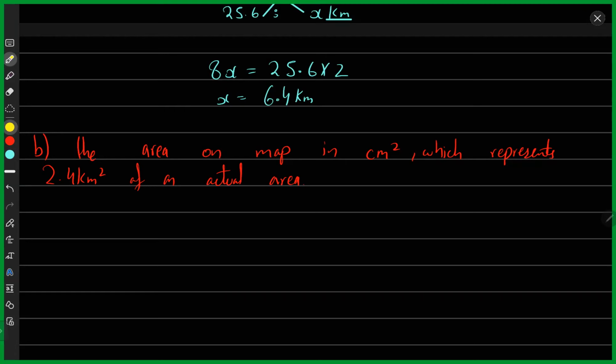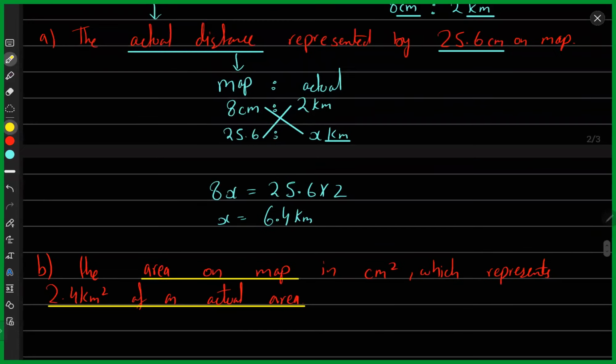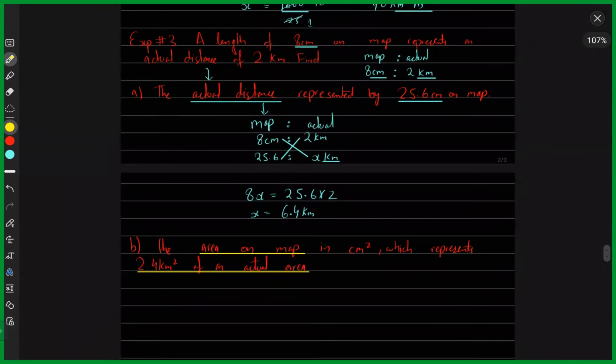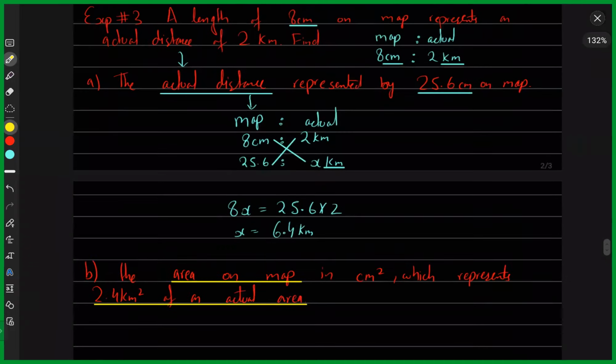So you need to find the area on the map, and the actual one is 2.4 kilometer squared, right? Let me zoom out so you guys can see everything. Please do it. Take 2 minutes, then type your answers.